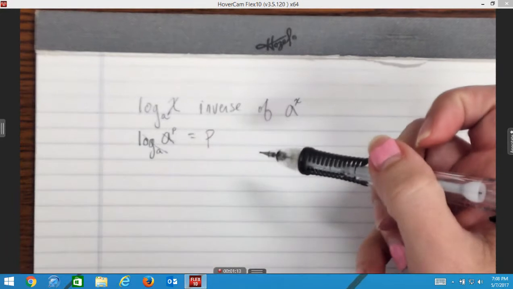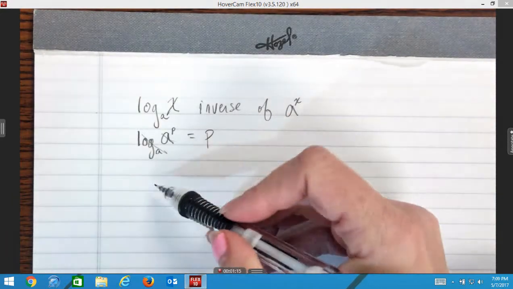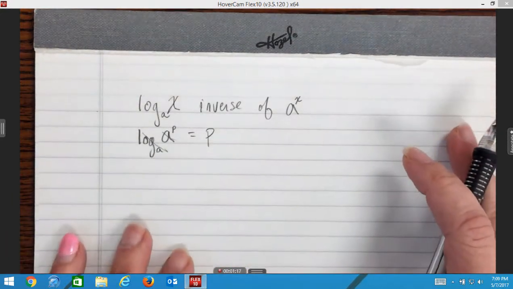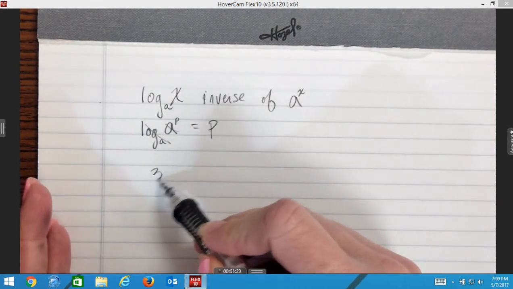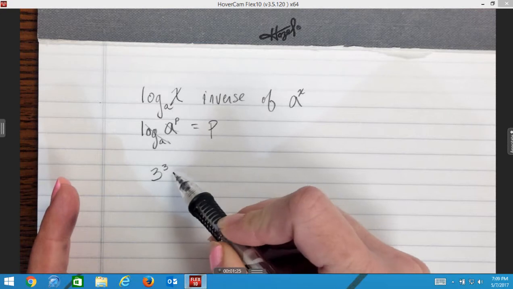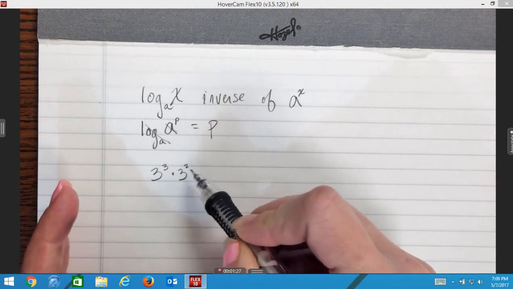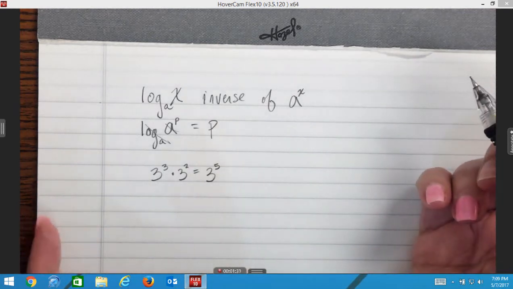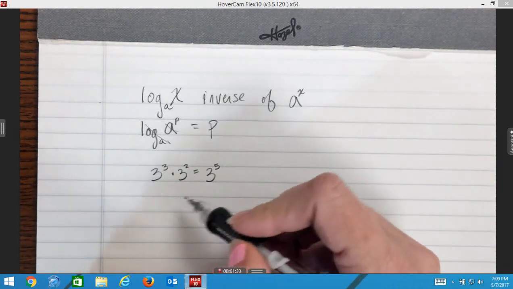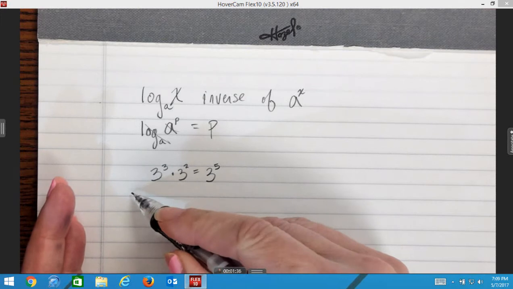And because logs are inverses of exponents, knowing the exponential rules gives us extra properties. So when we have exponent rules like when you're multiplying like bases, we add the exponents. Well, we have a rule for log that uses the exact same property.